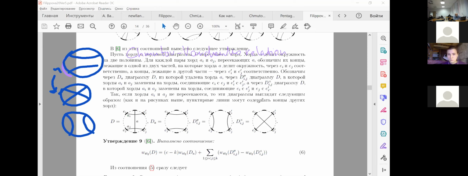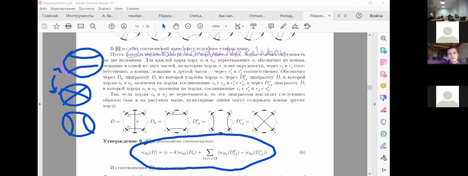And if they do intersect, we have these three diagrams. And there is a theorem of Chmutov and Varchenko that there is a relation. In some cases it's easier to use this relation, and in some cases it's easier to use the six-term relations.